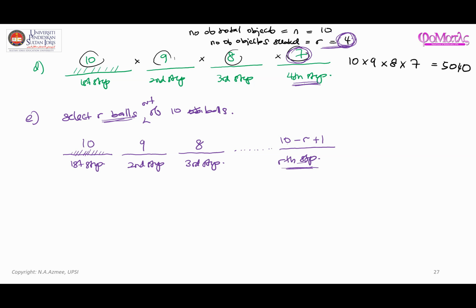Now we're just going to manipulate this situation. I'm just going to show you this right now. So here we have 10 times 9 times 8 times 7. This is what we have over here.